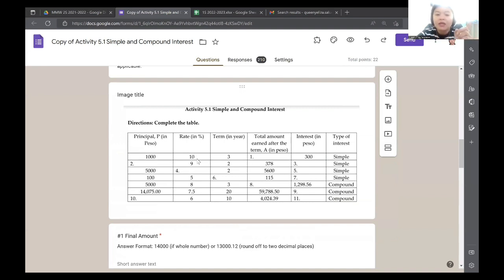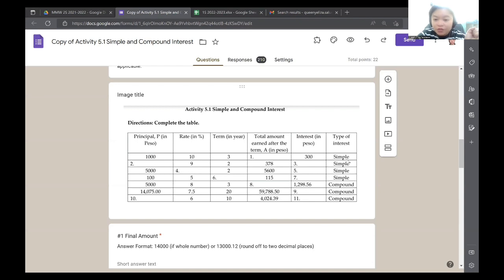Given the principal, the rate, which is in percent for all of them, so you still have to convert it to decimal form. The time here is already in years: 3 years, 2 years, 2 years, 20 years, 10 years. And then the total amount earned after the term, this is your final amount, A. These are your interest, the I, and then the type of interest.